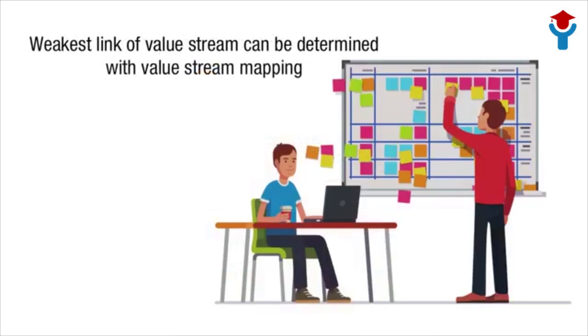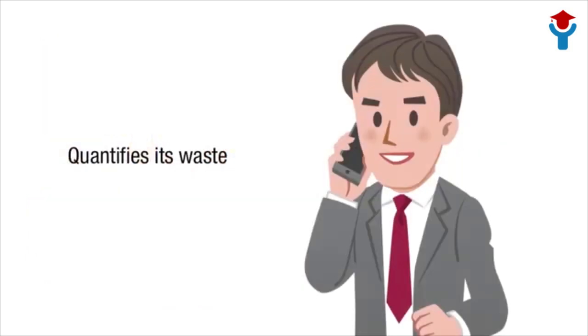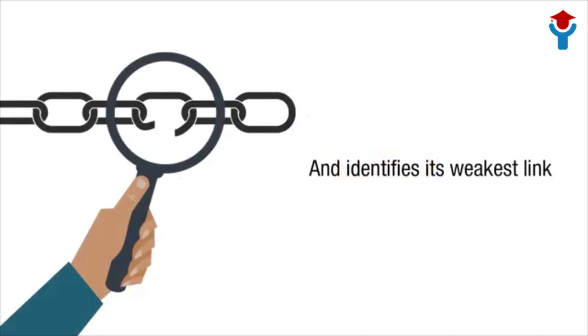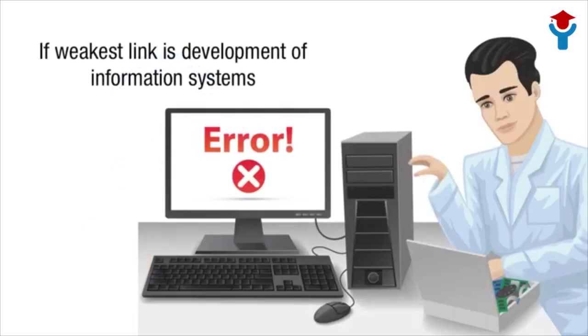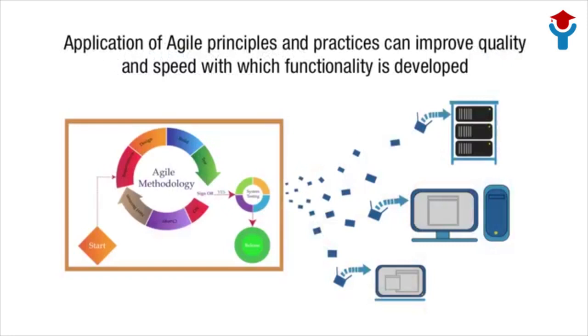The weakest link of a value stream can be determined with value stream mapping. This is a lean practice that examines the stream, quantifies its waste, for example, a delay, and in doing so identifies its weakest link. If the weakest link is the development of information systems, then the application of agile principles and practices can improve the quality of and the speed with which functionality is developed.